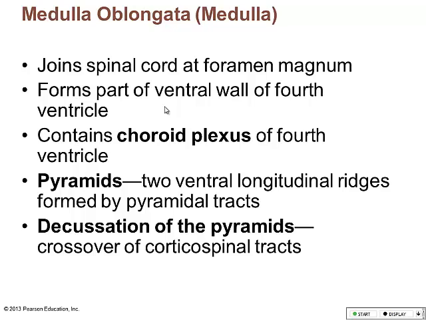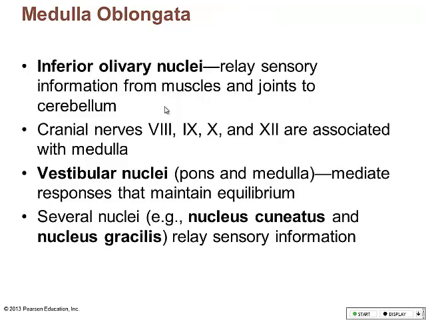And then we see different crossovers. Crossover corticospinal tracts, communications for left and right side of the brain. So these are different relay stations, the olivary nuclei, that are going to control things like muscles and joints.